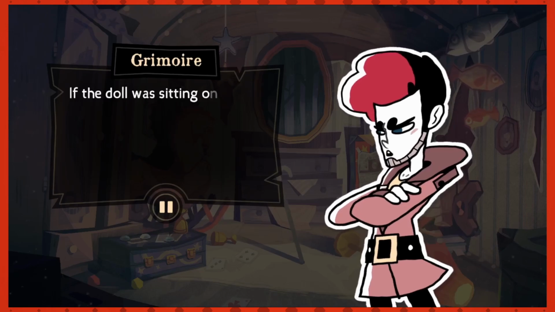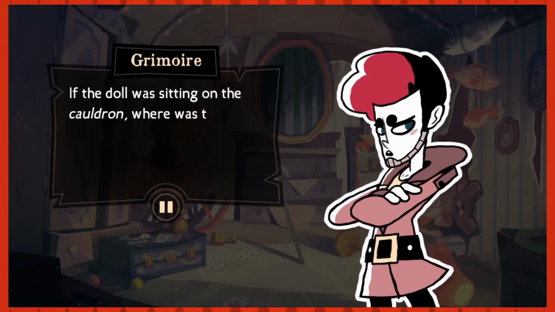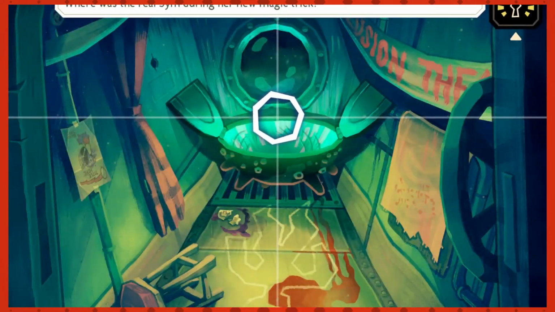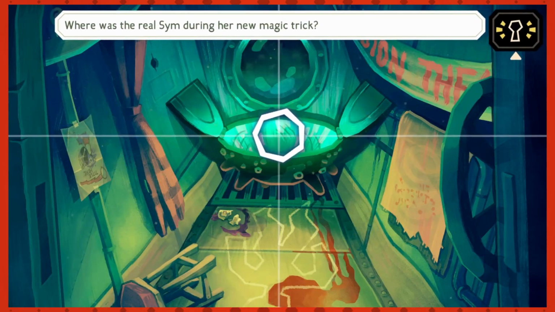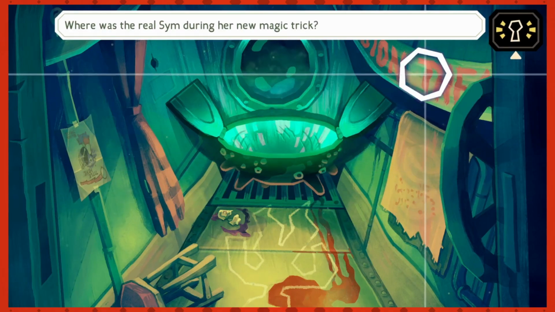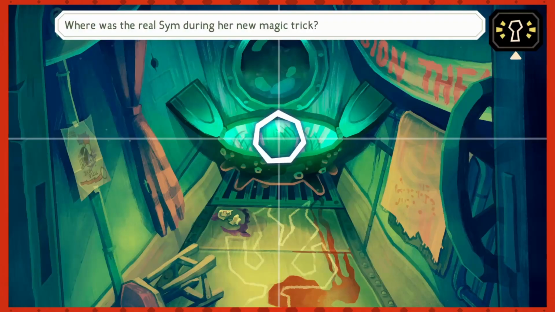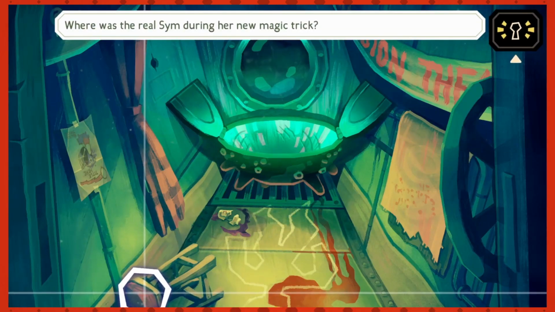If the doll was sitting on the cauldron, where was the real Sim? Inside it? No, that's not right. But where else would she be? On the stool.